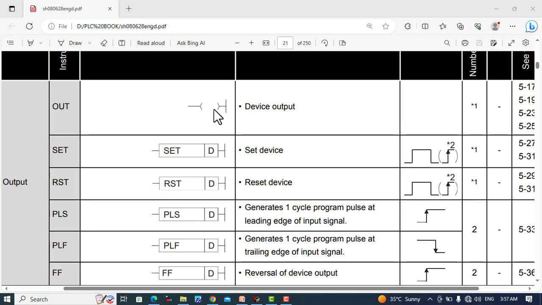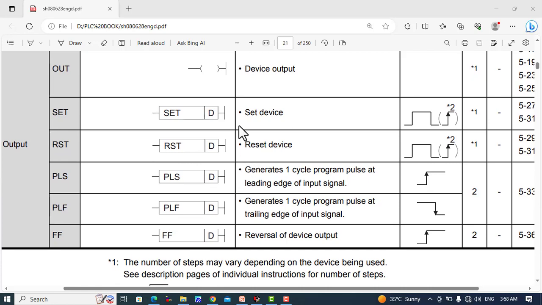This is the symbol of output. This is SET, to set a device or to turn it on. And RST, this is the reset instruction, which is used to reset or turn to 0. SET turns an operation to 1 and RST turns it to 0.